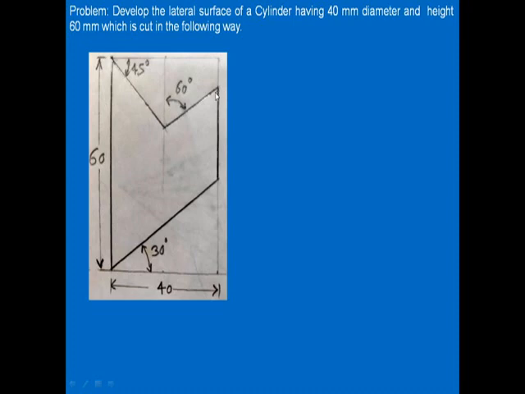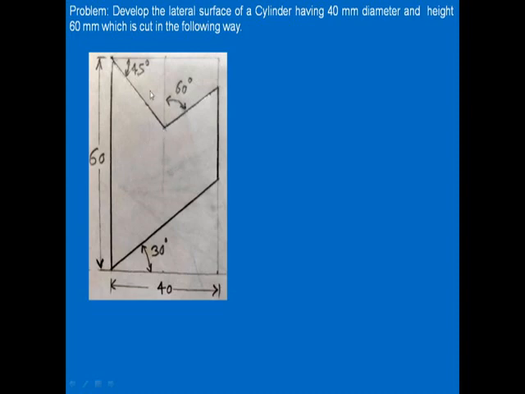So what happens here is the first, second, and third cutting planes divide the cylinder into three parts. One is this lower portion, one is this upper portion, and one is this in between central portion.